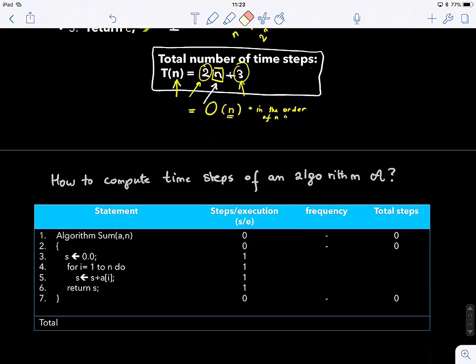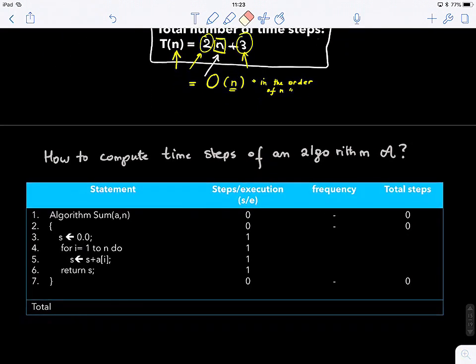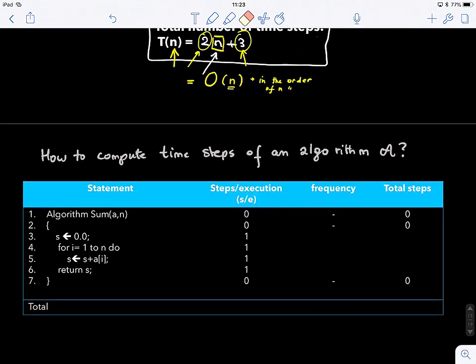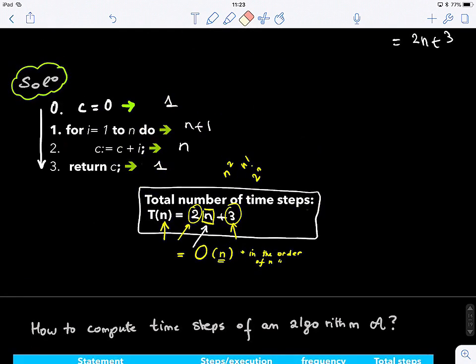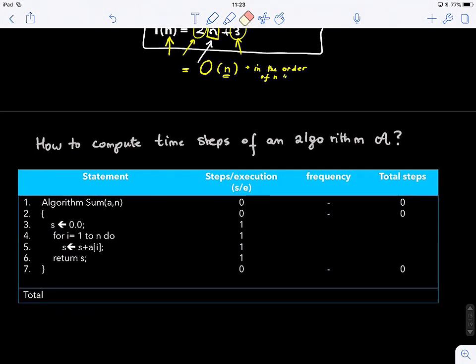So how do we compute the time steps of this algorithm? Let's look at this algorithm, and we will do it together again. What does this algorithm do? It's also simple. It sums the, actually it's the same one. But here I drew this table, which is a more formalized, organized way of computing time steps.